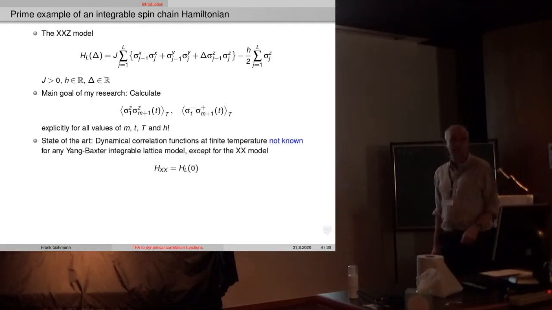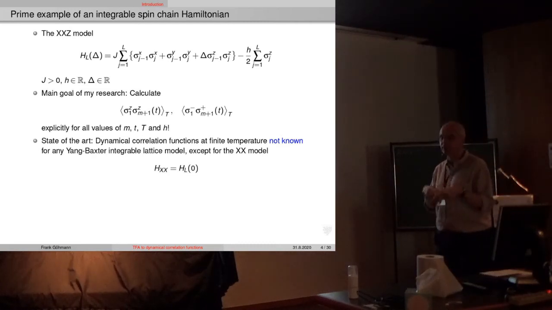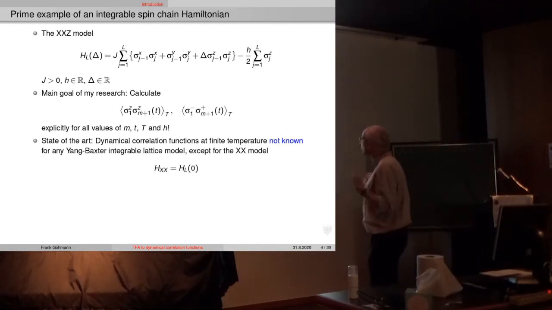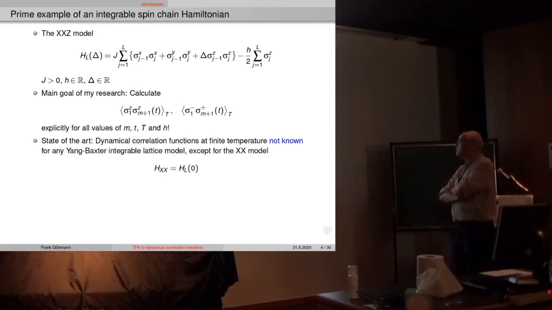The depressing message is that we don't know anything basically about these objects, in the sense of mathematics. There are some numerical simulations and so on, but the way I'd like to know it as a mathematical physicist, in this respect we don't know so much. But an exception is the case when delta is equal to 0.